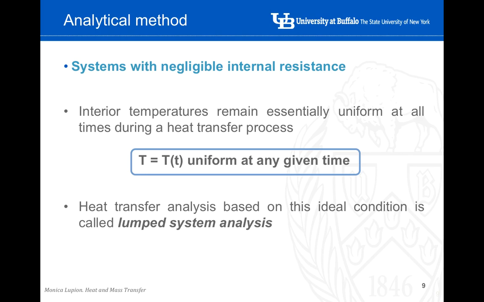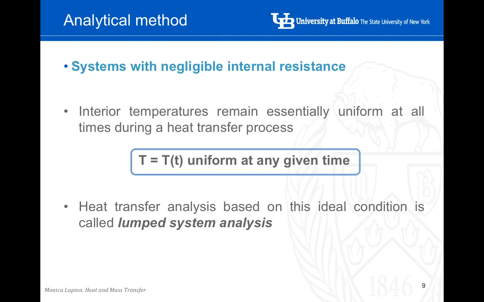When there is no internal resistance within the body, within the medium, we can consider that the temperature inside remains essentially uniform at all times during the heat transfer process.